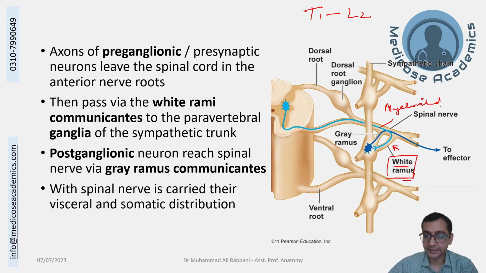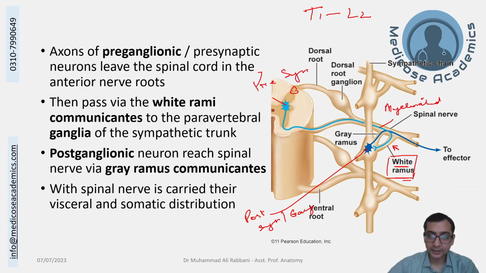They come into the sympathetic chain, and here they will find the postsynaptic or ganglionic cell body. Here is the end of the presynaptic axon. It synapses and transmits the signal to the postsynaptic ganglion, and here the story starts from this neuron.